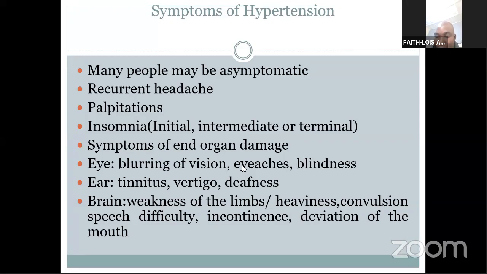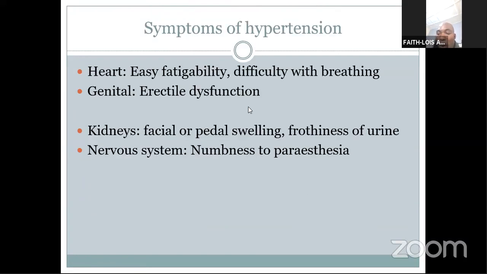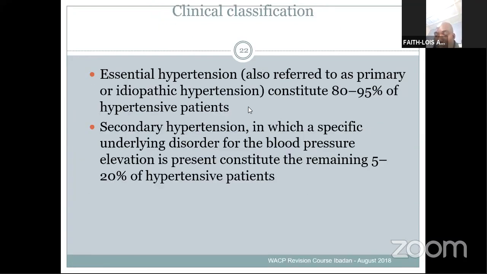Now, how do we classify hypertension? We could classify it into essential hypertension, which is also called primary or idiopathic hypertension, and that is commoner, in about 80 to 95% of cases. While secondary hypertension is a result of some underlying disease conditions, be it renal, endocrine, or hematological.